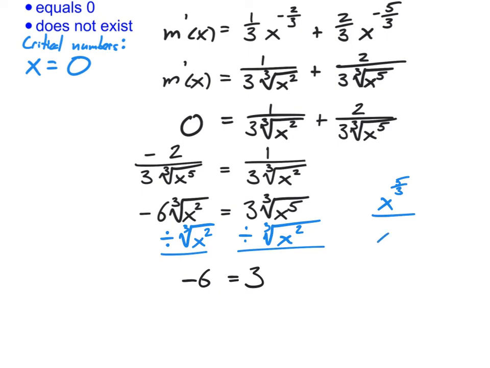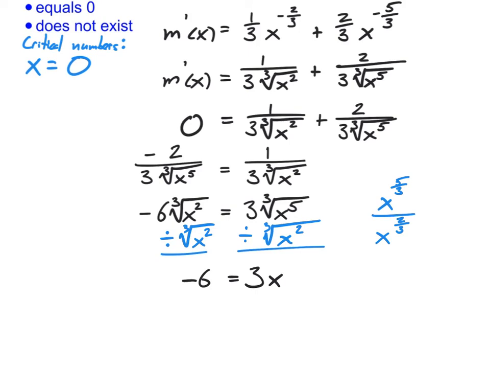And if I'm going to divide that by the cube root of x squared, that means I'm dividing it by x to the 2/3. And when I divide x's, I subtract their exponents. 5/3 minus 2/3 is 3/3, or in other words, 1. So that's just 3x. Much simpler than it looked like it might have ended up being.